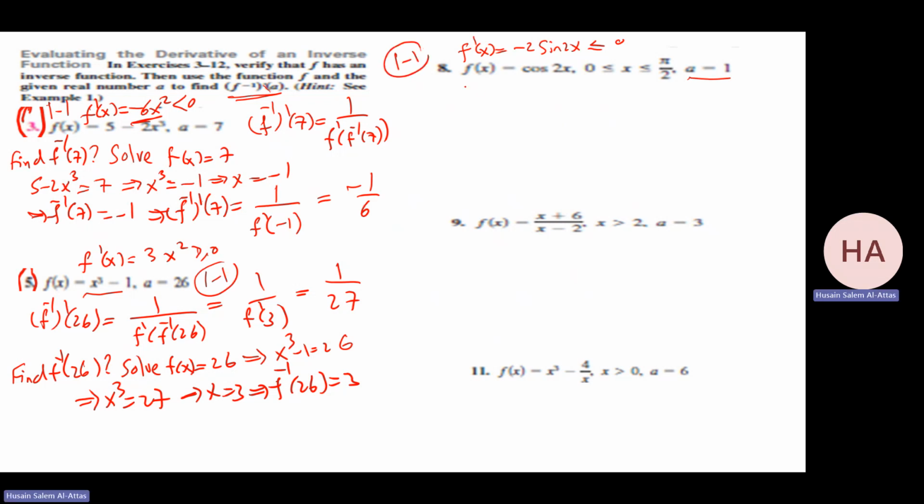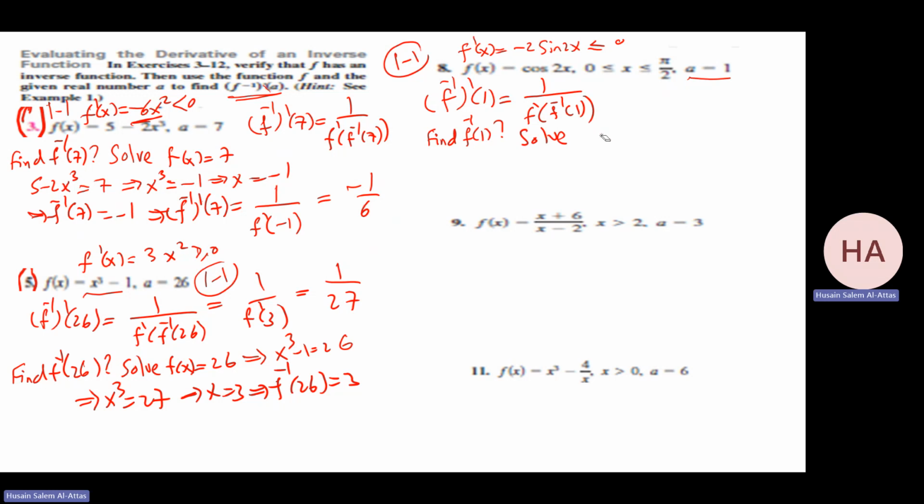Okay, so f inverse prime at 1 is 1 over f prime at f inverse at 1. So we need to find f inverse at 1. How do we solve this? Cosine.